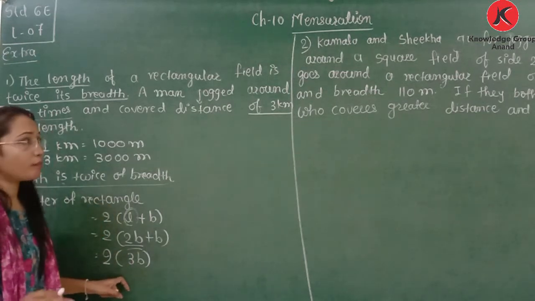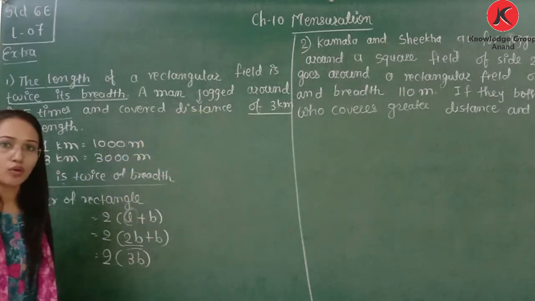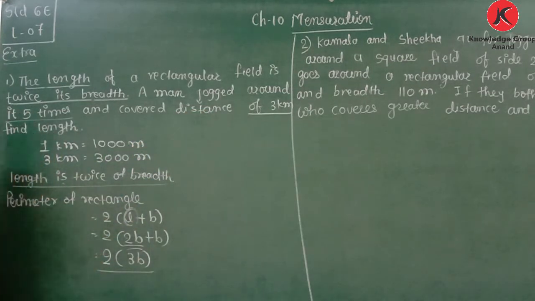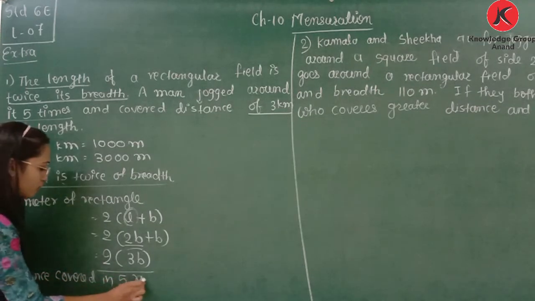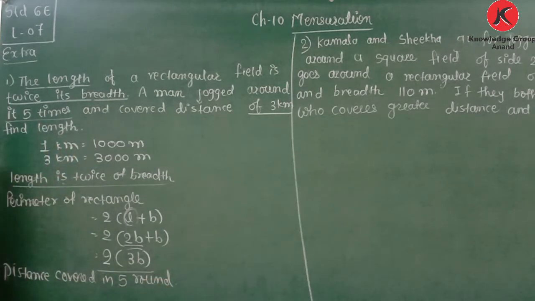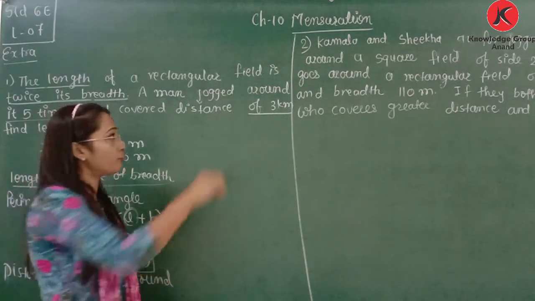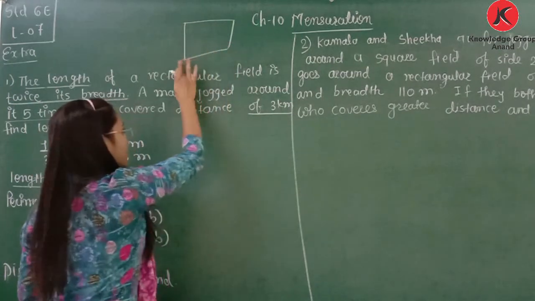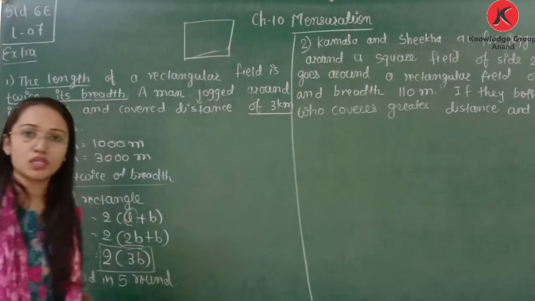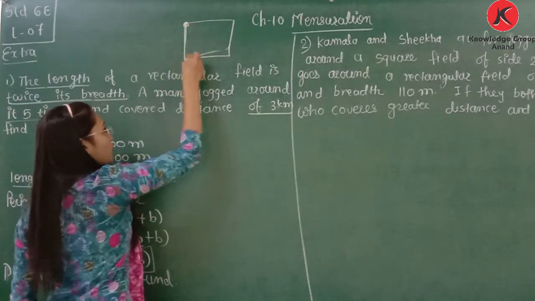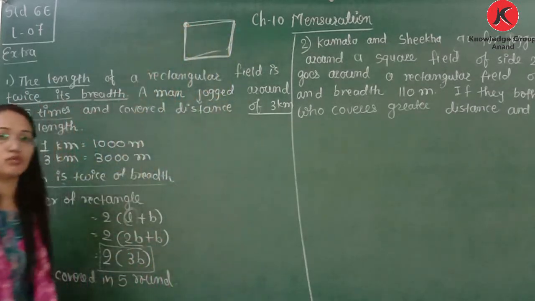Now the perimeter of the rectangle is given, but the man takes 5 rounds. So this is the perimeter for only 1 round, and we need to find the distance covered in 5 rounds. Perimeter means we start from one point, for example on this rectangular field, and move along the boundary; this length gives the perimeter.